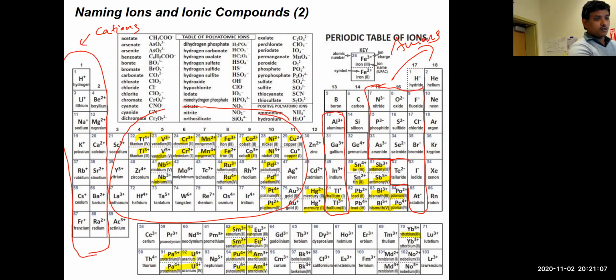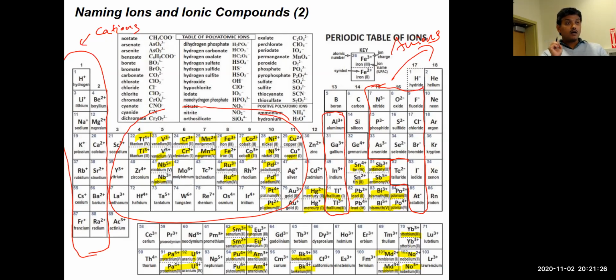And some more here that you see have multiple charges. Because you don't know which one is going to have multiple charges, we just put the Roman number style oxidation number next to the metal so that people know which charge cation you're talking about.